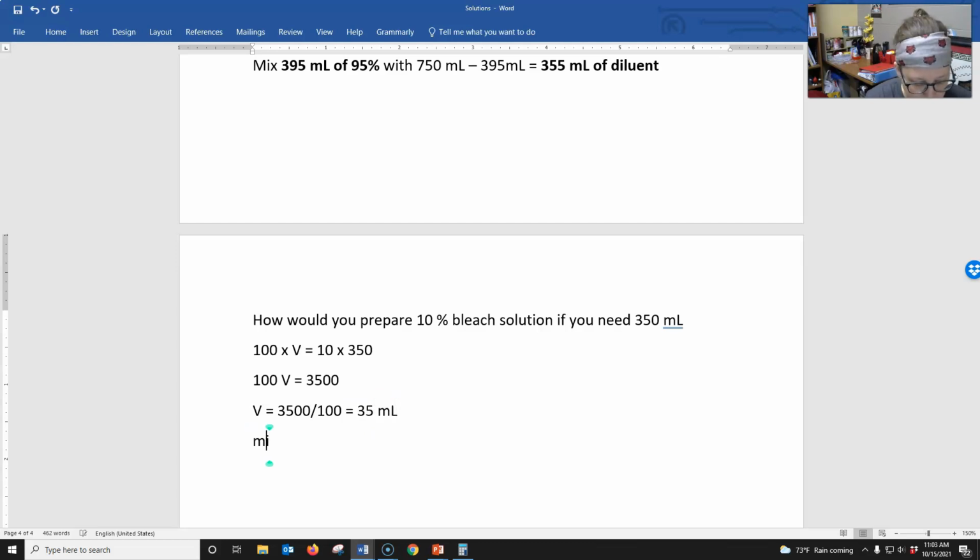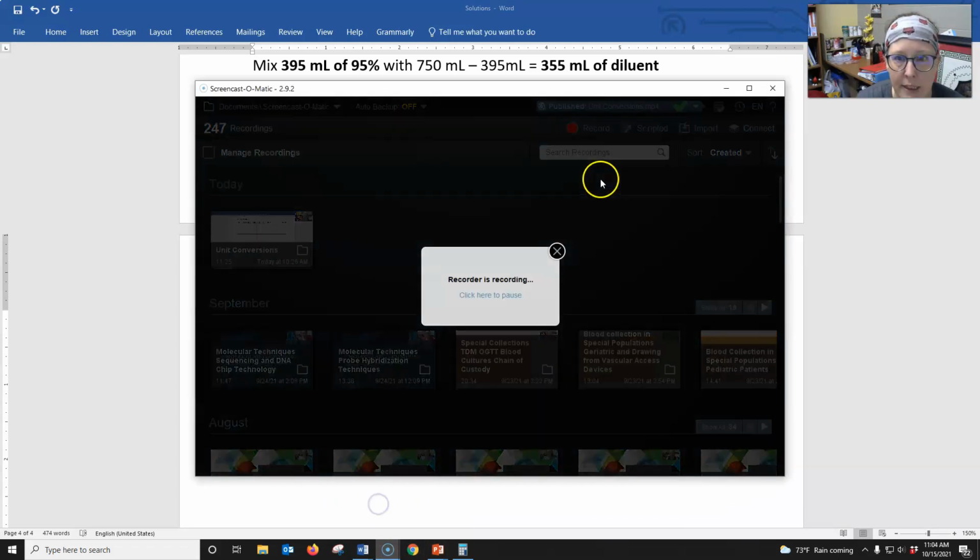And so you would mix 35 milliliters of bleach with, and then you would do 350 minus 35, and that would give you 315 mils of water. So you would measure out 315 mils of water, add 35 mils of bleach, and you have 350 mils of 10% bleach solution. So, all right, so that's going to wrap up our recording here for that.